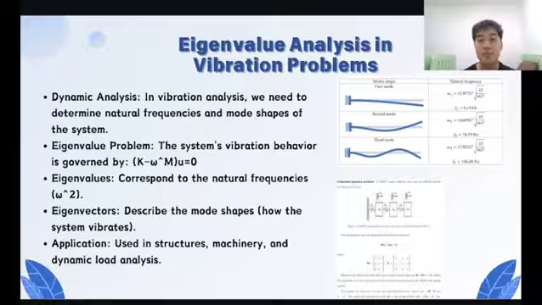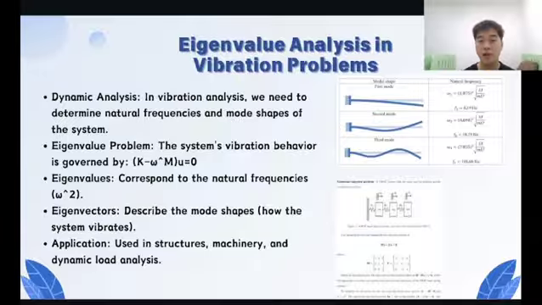In dynamic analysis, one of the most important applications of linear algebra is eigenvalue analysis. For systems involving vibrations, we need to determine the natural frequencies and mode shapes of the system.